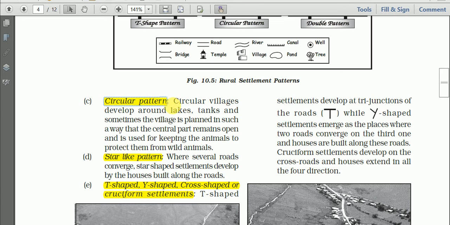In this circular pattern, the circular villages develop around lakes, tanks, and sometimes the village is planned in such a way that the central part remains open and used for keeping the animals to protect them from wild animals. So in the circular pattern, in the center there may be a lake or a tank.